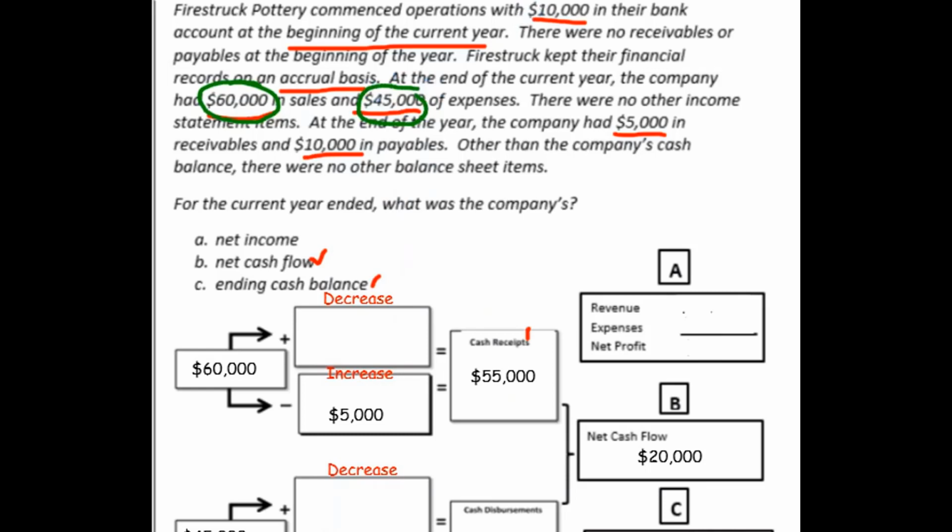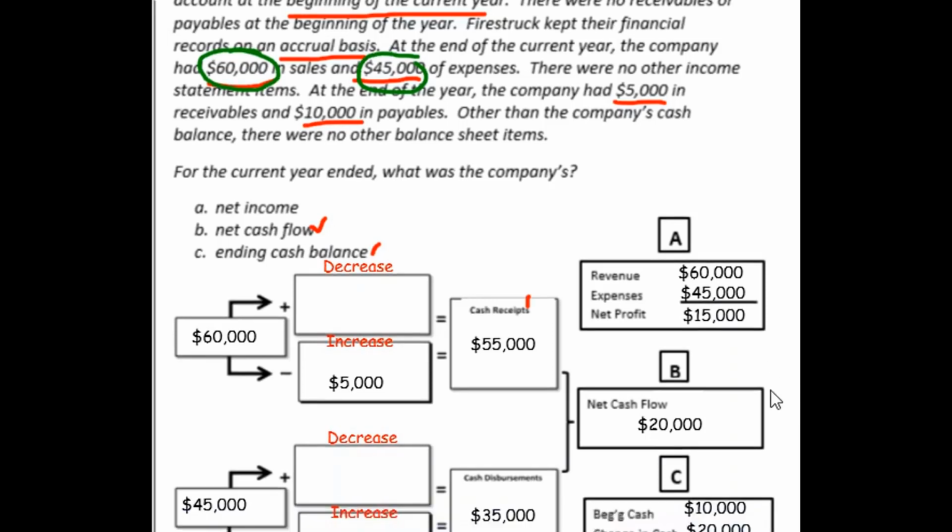Let's plug those numbers into the income statement. We have revenues minus expenses equals net profit. There's our $60,000 of revenue, $45,000 of expenses, ending up with a net profit of $15,000.